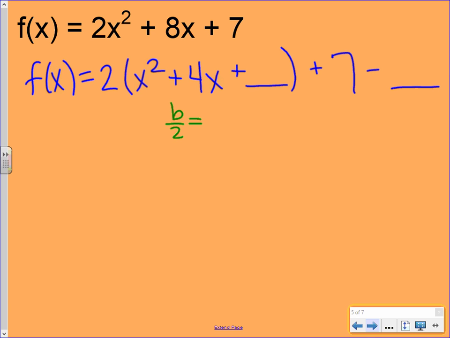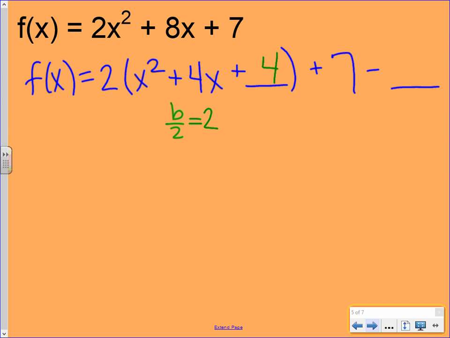B over 2 would be what? 4 over 2 is 2. We have to square it. So b over 2 squared, our mystery number, is 4. Now, are we really adding 4 to our equation? What are we really adding? Well, we want to add nothing.